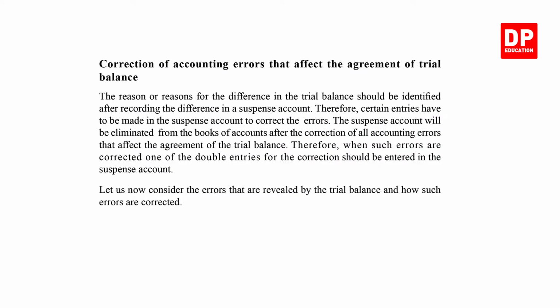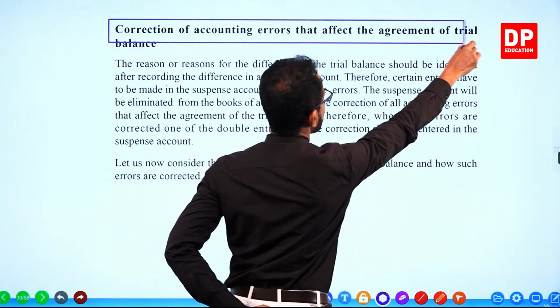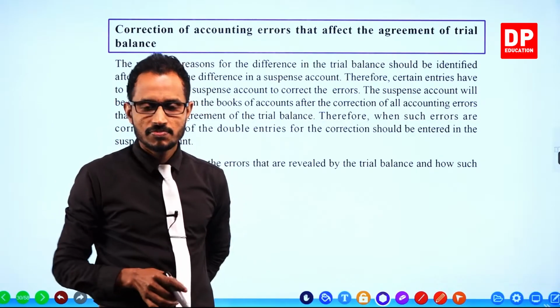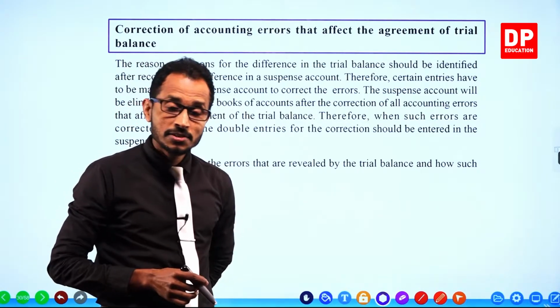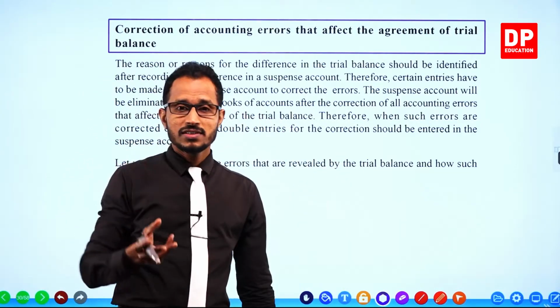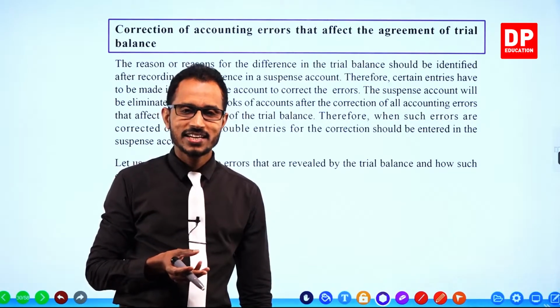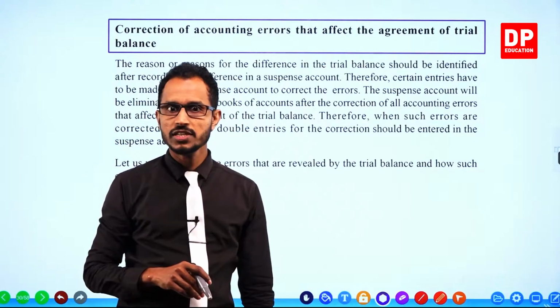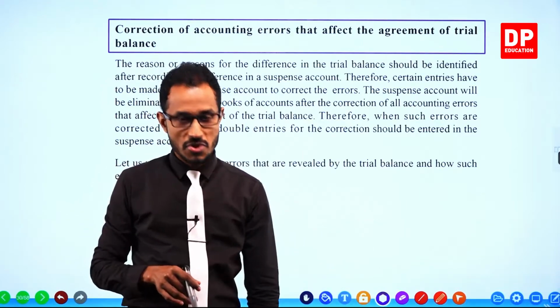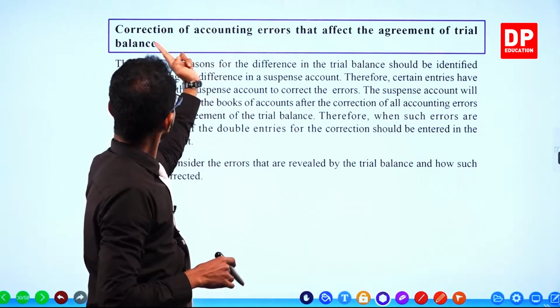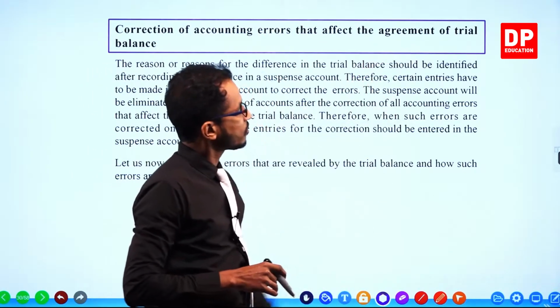We are going to do some problematic, trouble making errors, but after we correct them, some more serious trouble we had in the trial balance will be solved when we correct these errors that affect the agreement, errors that affect the balancing of the trial balance.